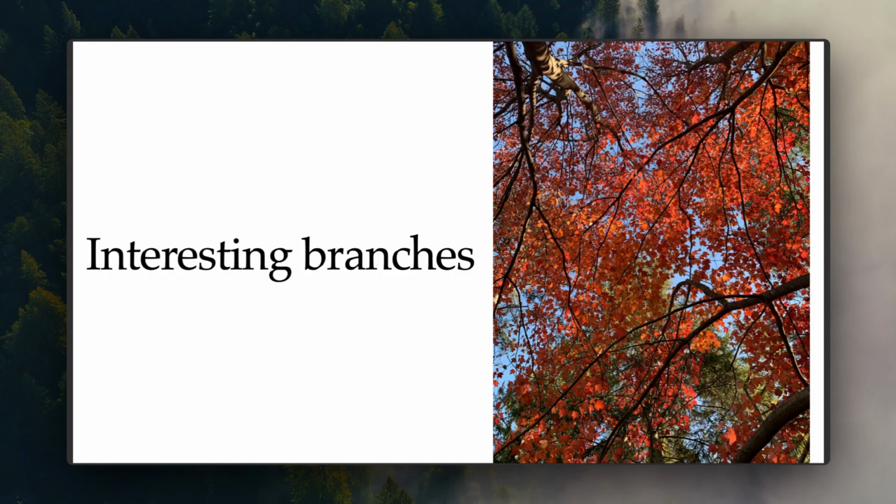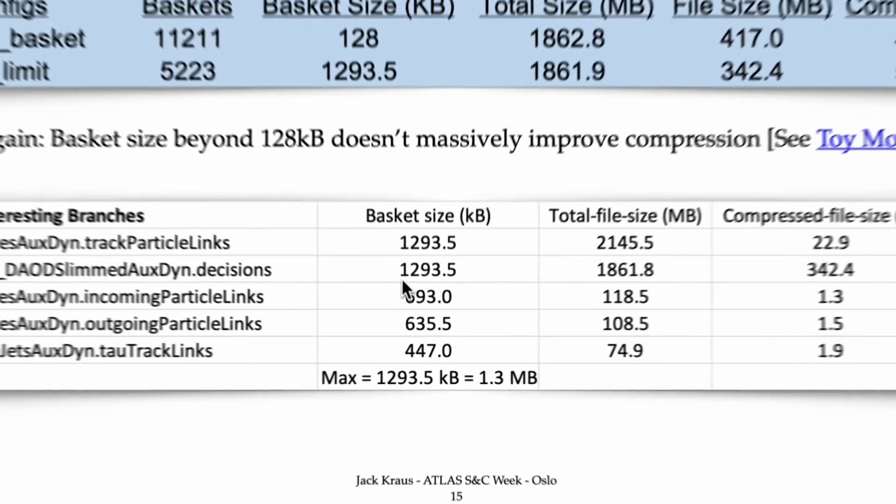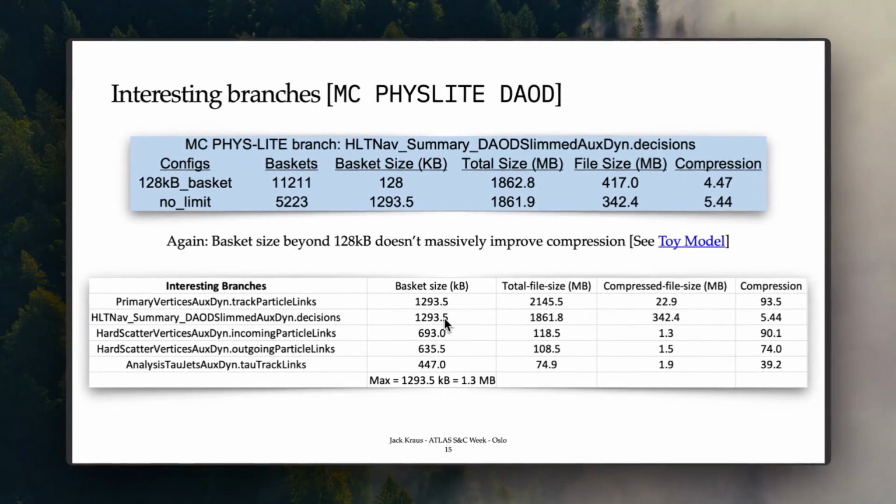So some interesting branches emerge from this testing, specifically in the MC FTAG light files. One of them is this HLT nav summary, which does in fact hit this 1.3 meg basket limit, and the compression factor doesn't go up a ton, which is kind of what we expected from what we saw with the toy model.